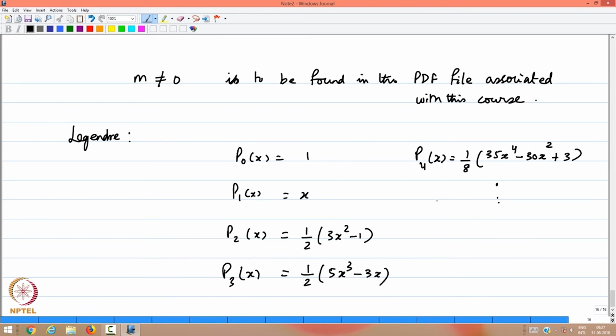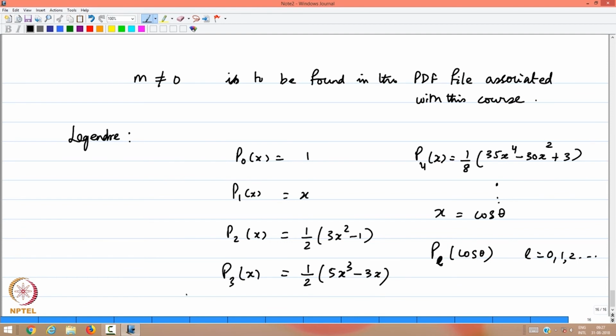Now, recall x is equal to cos theta. Therefore, all of these P_L are indexed this way, where the variable is cos theta, and the Legendre polynomials have L index, L equal to 0, 1, 2, 3, etc.